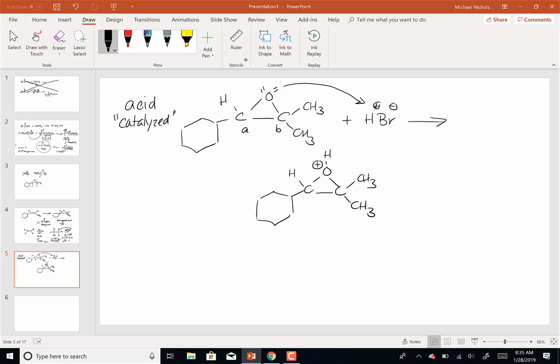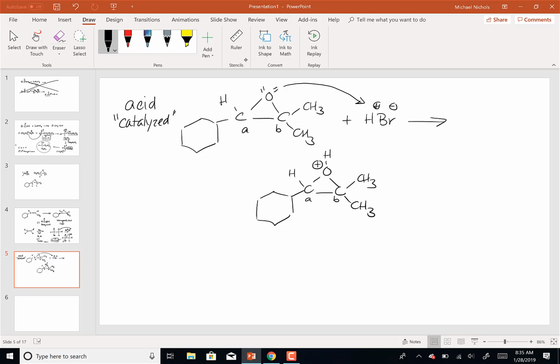So the oxygen's not happy with the plus charge. It's going to dump that plus charge down to those two carbons, carbon A and carbon B. Which of those two carbons is going to have the greatest delta plus charge? Another 50-50. Carbon B.